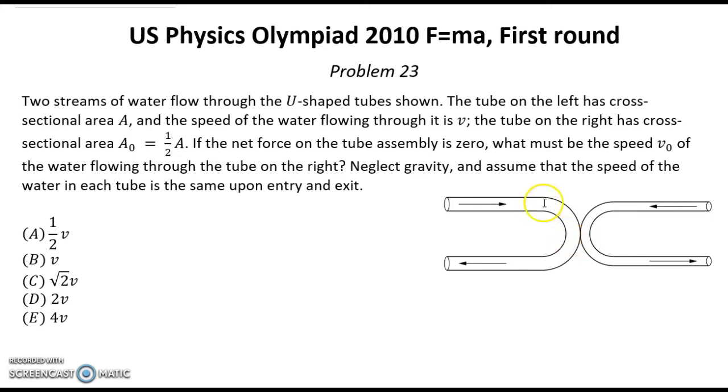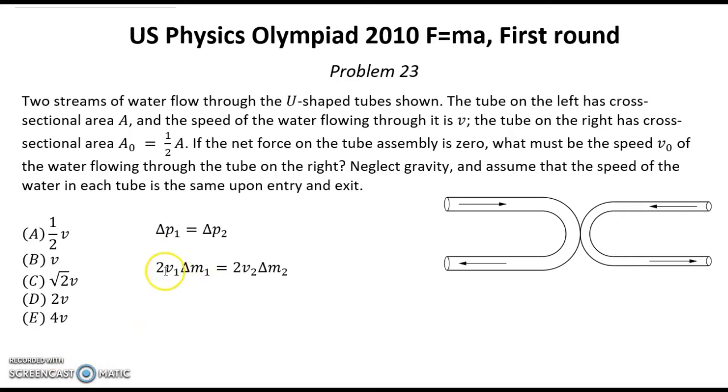It means that in any small period of time delta t, the change of momentum in the left tube is the same as the change of momentum in the right tube. And we can write this equation that delta P1 equals delta P2. Now let's rewrite this equation in the form of this one.